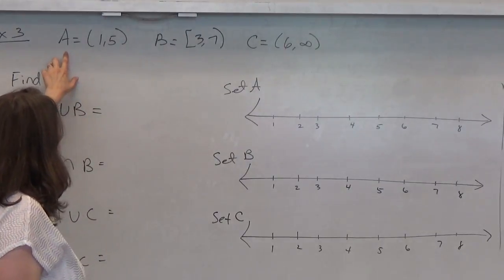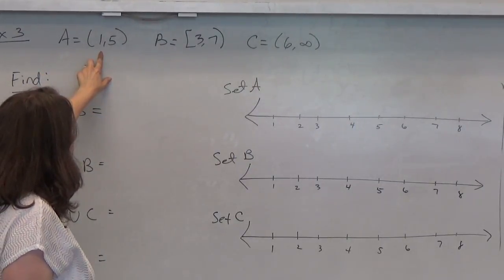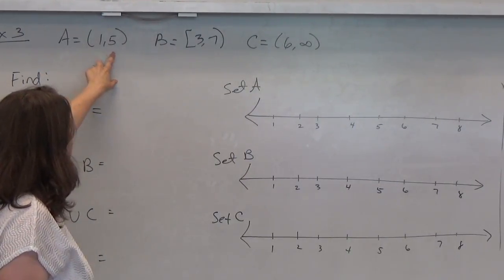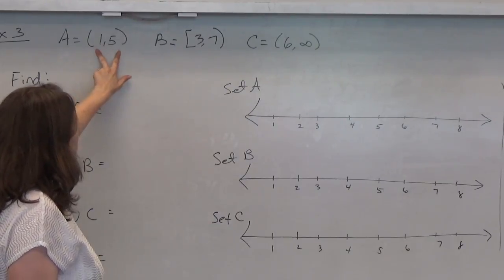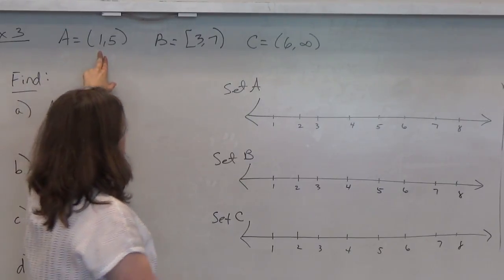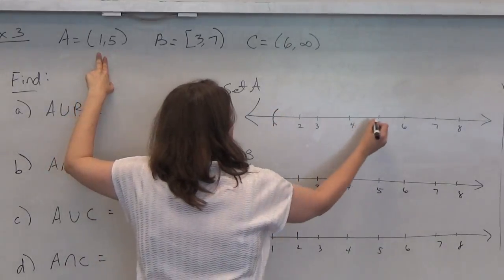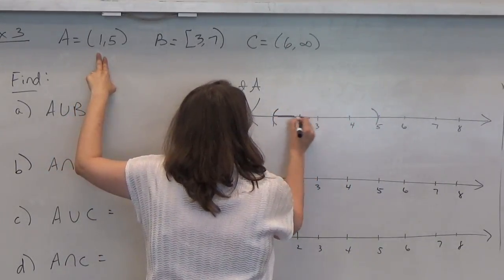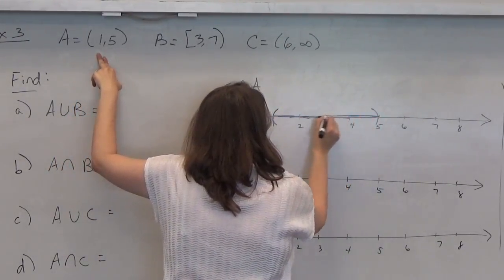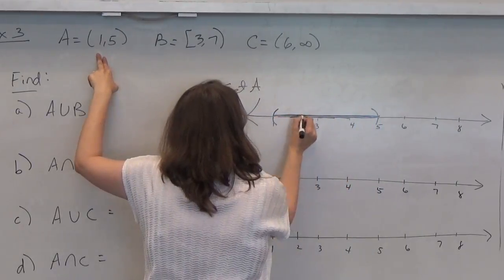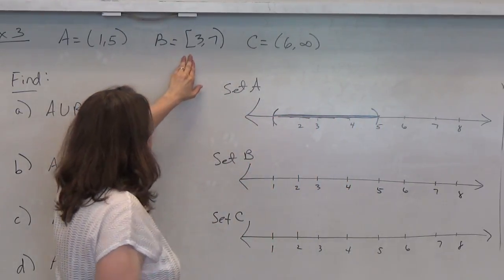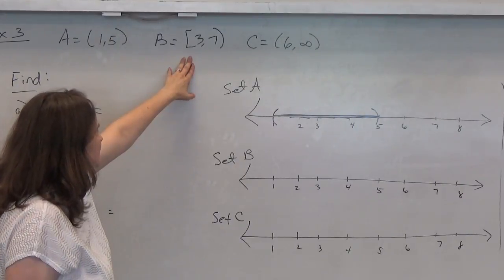Set A is the interval from 1 to 5, and it does not include the endpoints. So I need to shade from 1 to 5 on my graph for set A. Set B is the interval from 3 to 7.